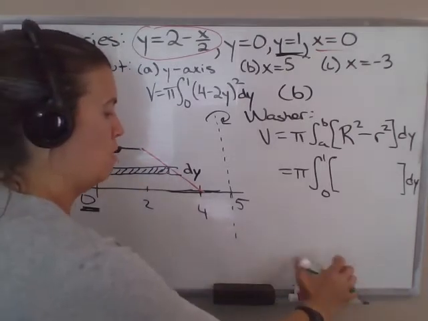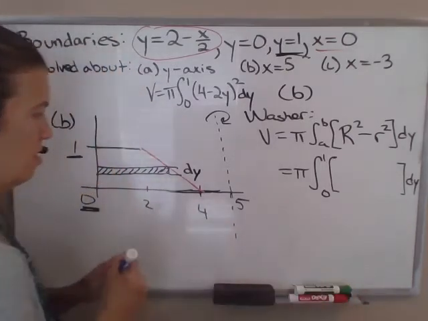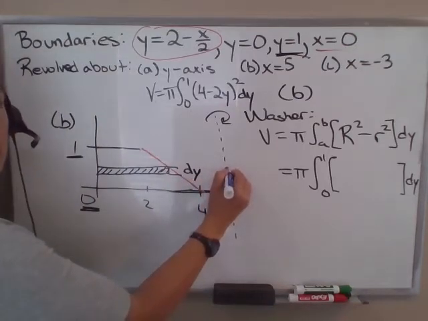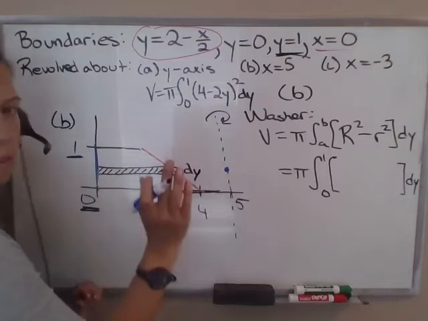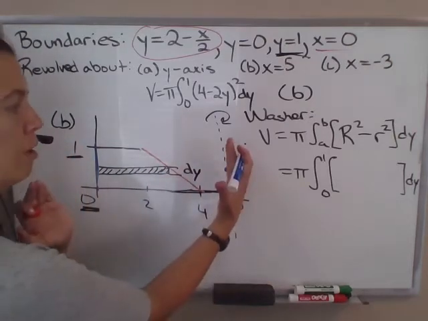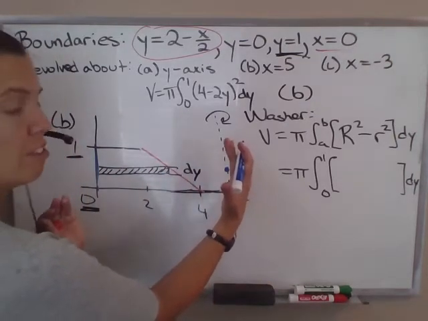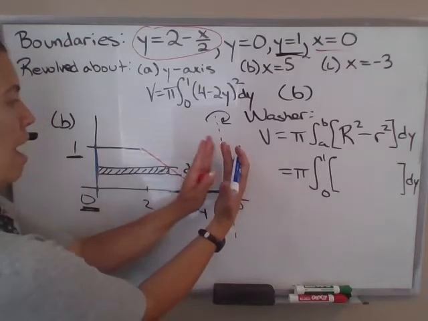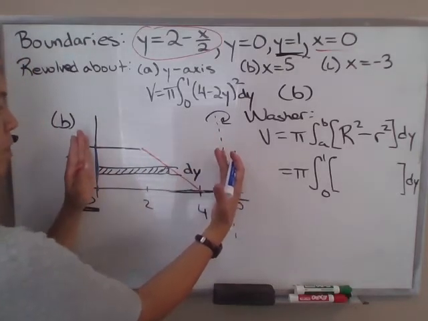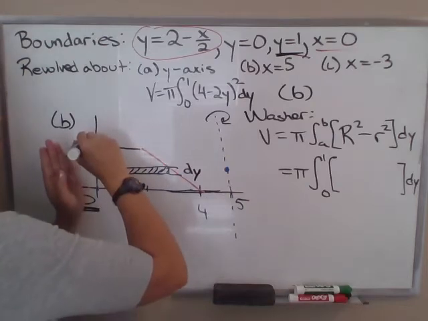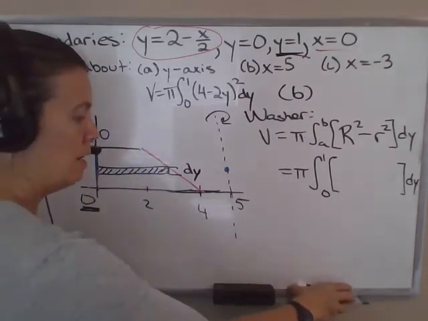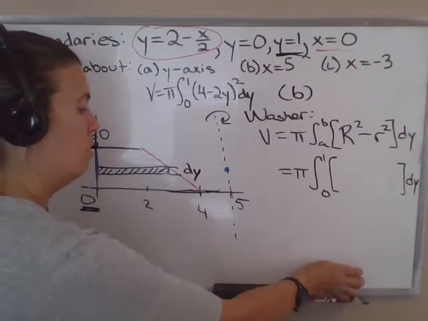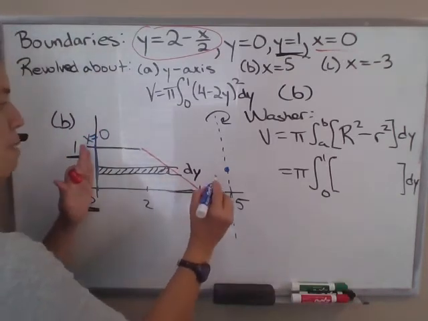The outer radius here is the distance from the axis of revolution to the outer boundary. When I say outer boundary, that's relative to where you're revolving it. So if I'm revolving it about this line over here, then the outer boundary of the region is the one way over here, which was x equals 0. So the outer boundary is x equals 0.